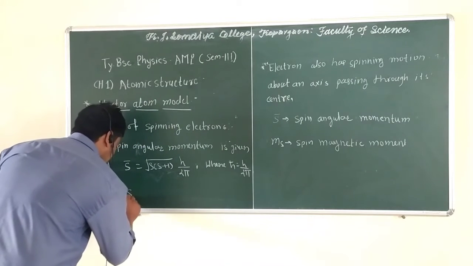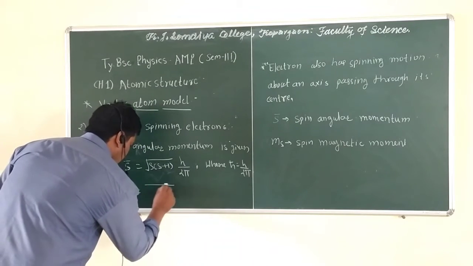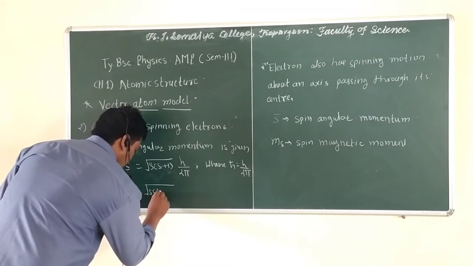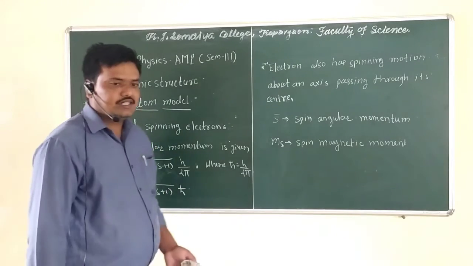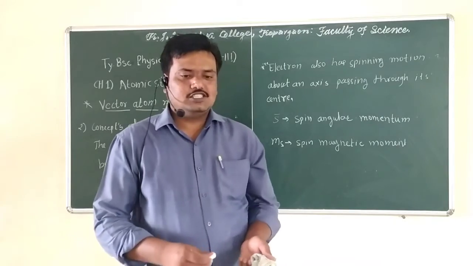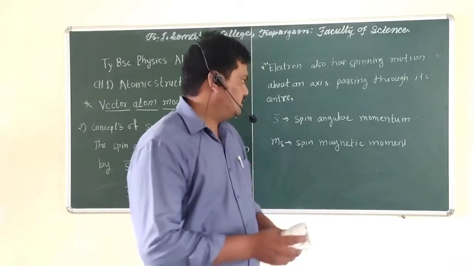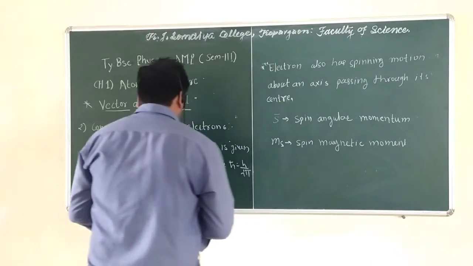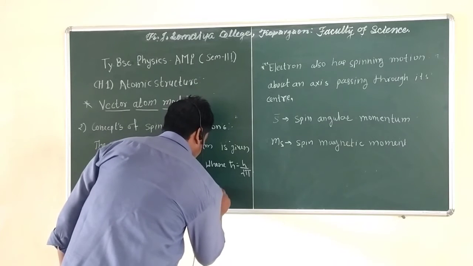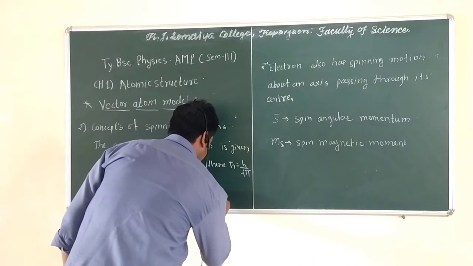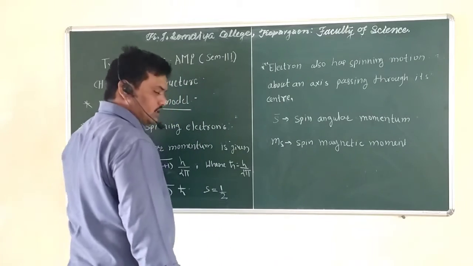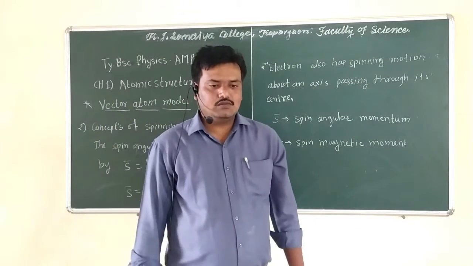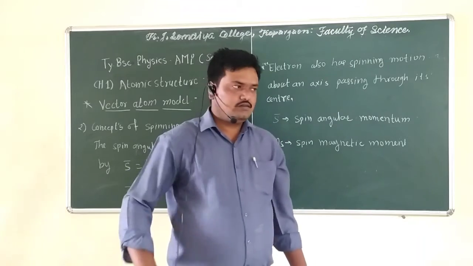So that is written in the form of under root of S into S plus 1 into h cross, correct? Here S is the spin quantum number and its value is plus half, and ms value is given by plus half and minus half.